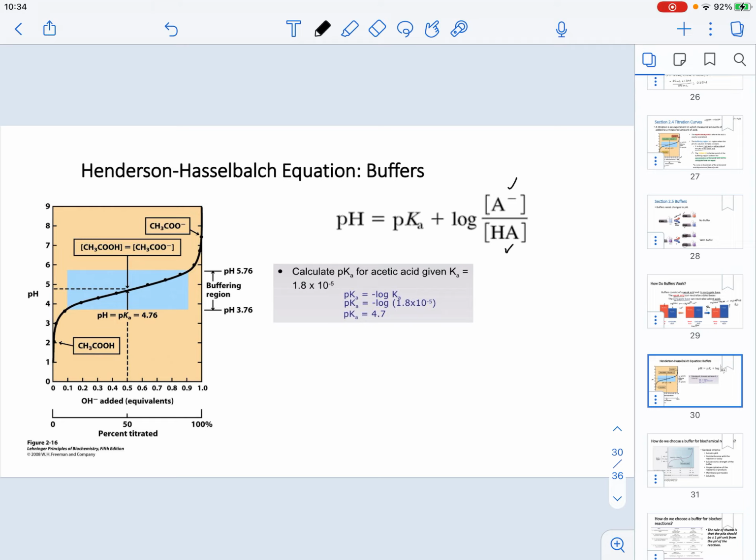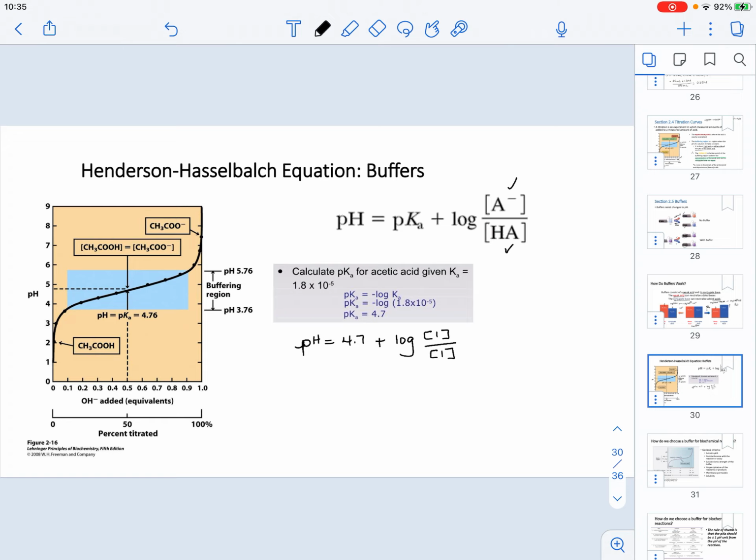All we have to do is utilize the Henderson-Hasselbalch equation: the pH of my solution equals the pKa of my acetic acid, which as you can see is 4.7, plus the log of the concentration of my conjugate base over the weak acid. If I have equal concentrations, we can utilize a value of 1, just to make the number simple.